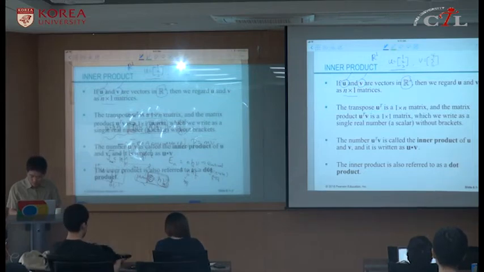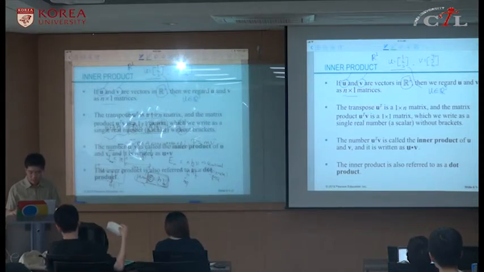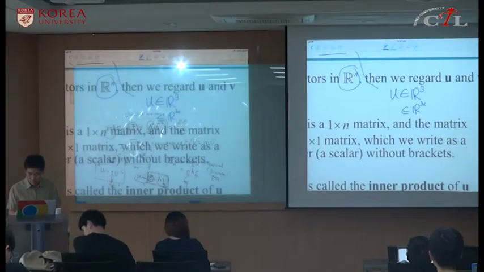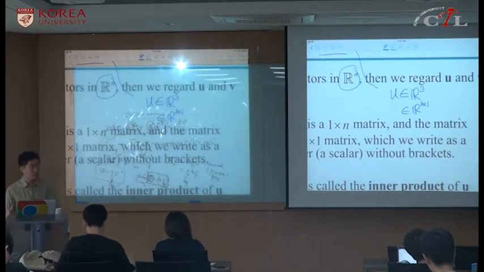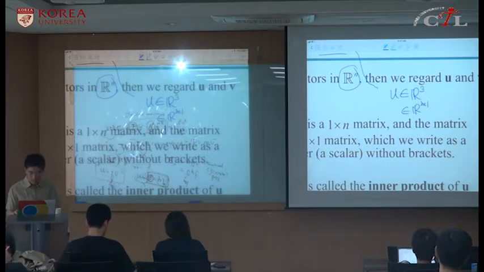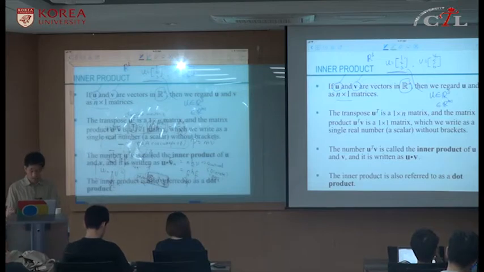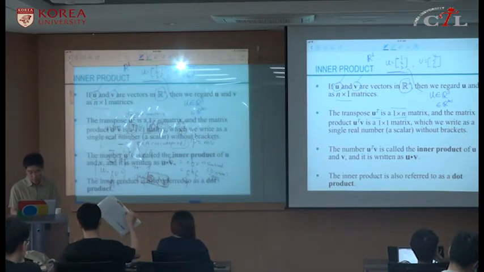It can be represented as a 3 by 1 matrix, which views our vector as a matrix. And then we think of its transpose version, which is our row vector.